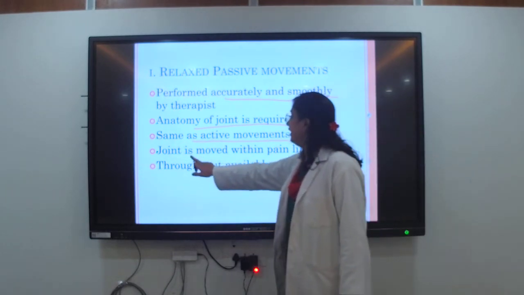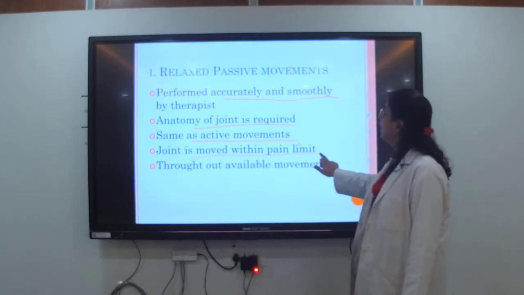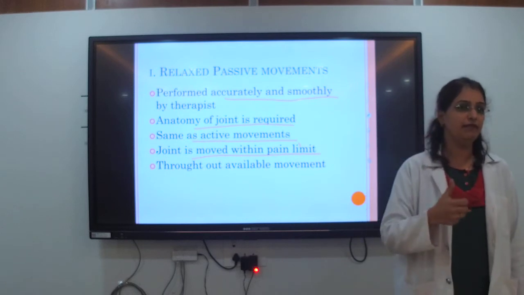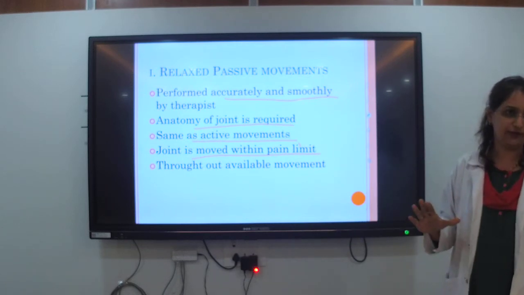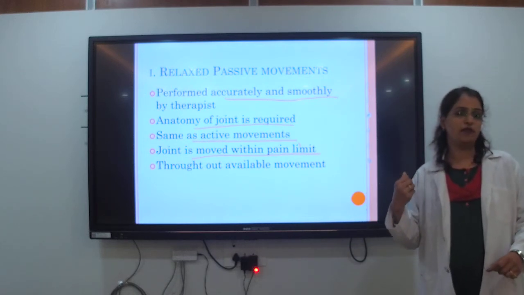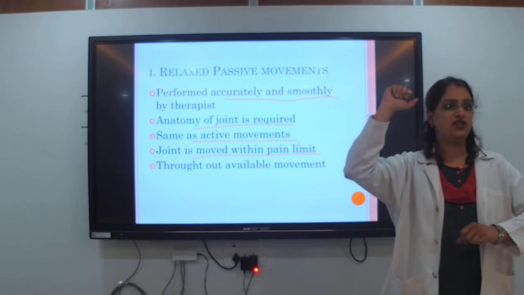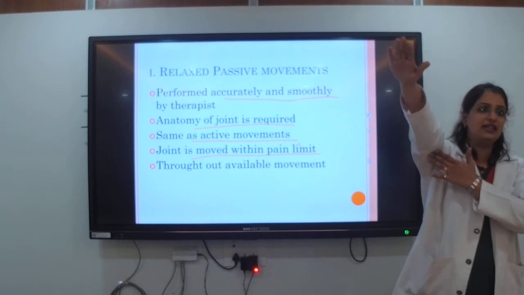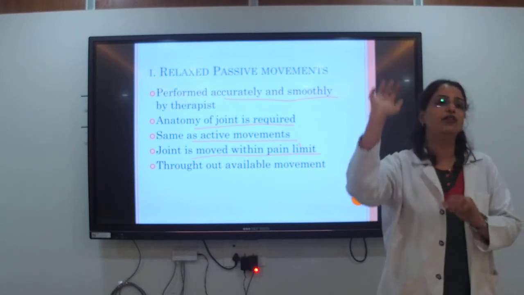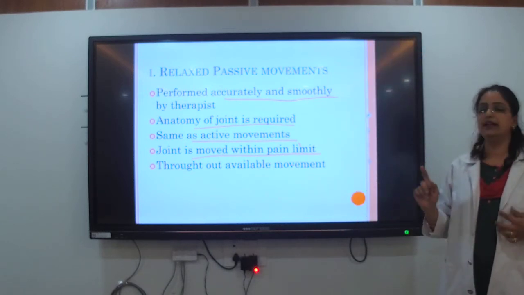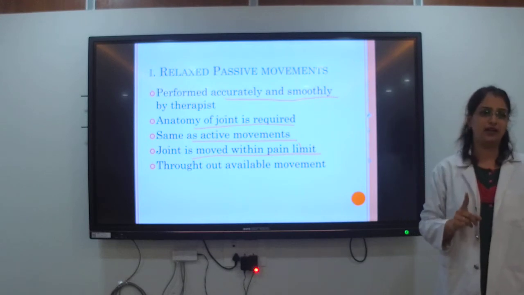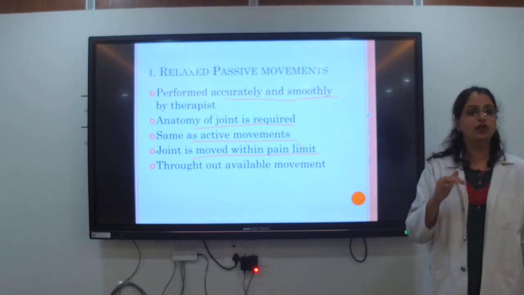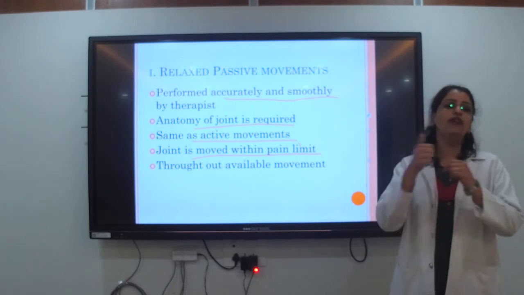Then when you are performing the passive movement, you have to move the limb within the pain-free limit. Suppose you are performing shoulder flexion and the patient says, Madam, I am having pain at this level, at around 120 degrees. Then you have to stop that movement. And for the next movement you have to do it from 0 to 120 only.